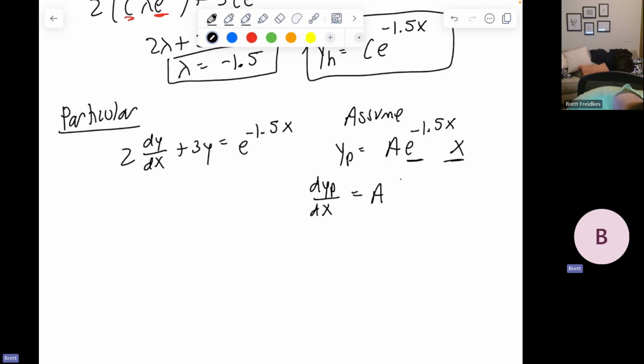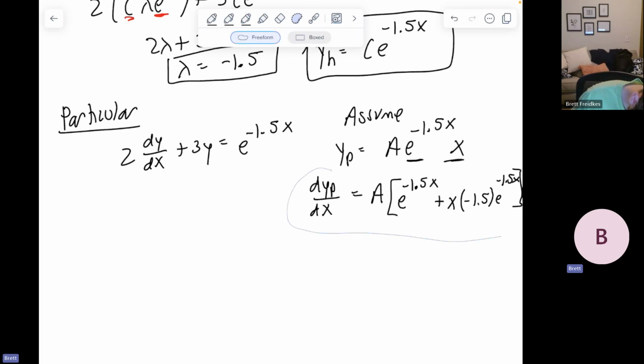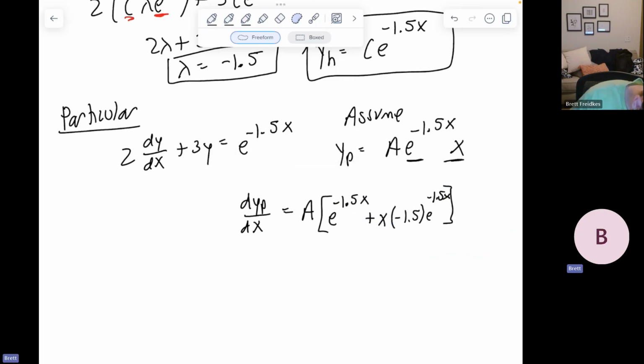So this would be a. We can do the first times the derivative of the second. The derivative of the second being x is 1. Plus the second times the derivative of the first. Like that. That's a bit cleaner.